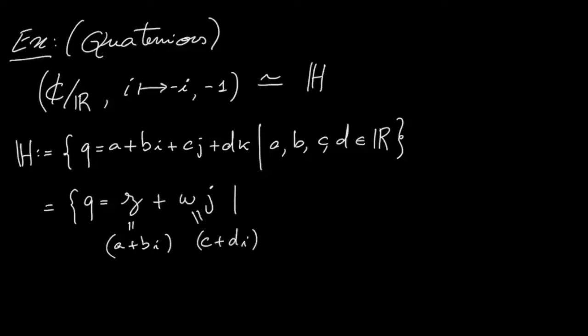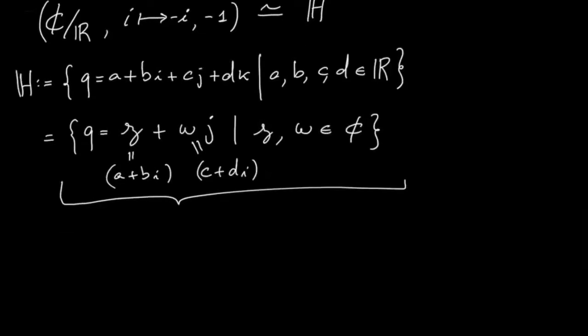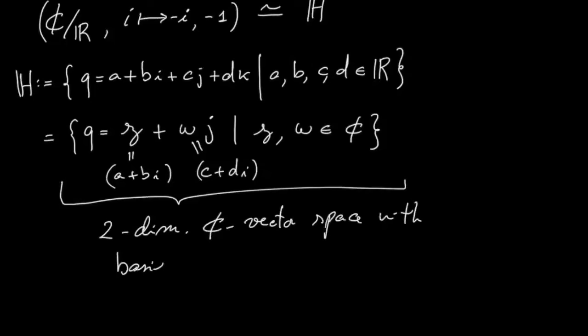Now z and w are complex numbers. And so instead of a four-dimensional basis of a real vector space, you get a two-dimensional C vector space with basis given by 1 and j.